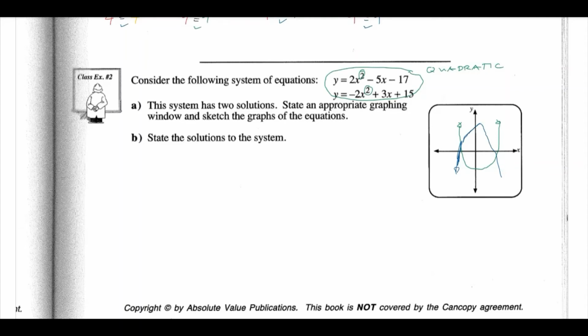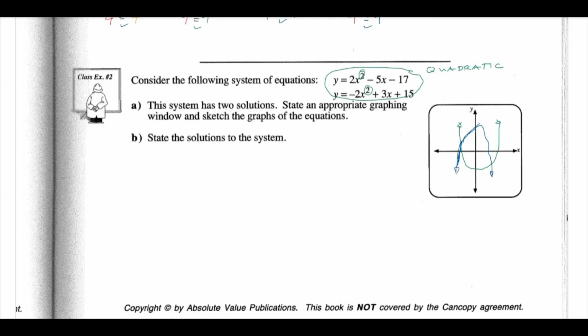Okay, so this should be a parabola. So it's a very bad drawing. However, you can make it better, but it has two solutions.